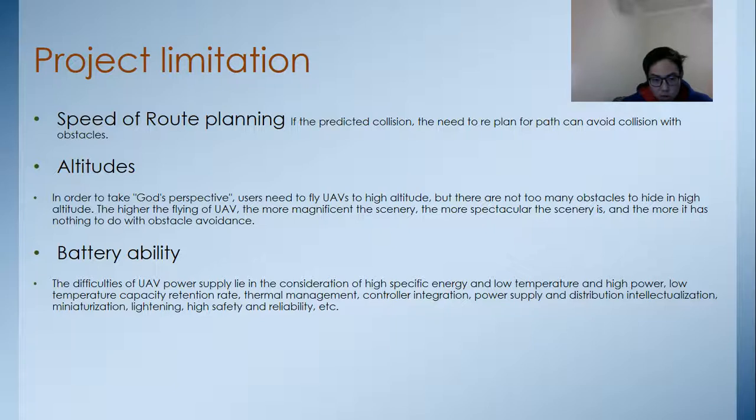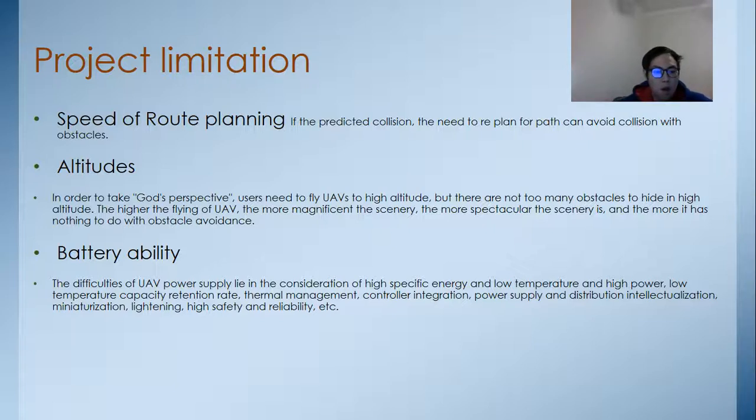So the LiDAR will rotate 360 degrees, and when the LiDAR finds that there are no obstacles in one direction, that means this is a route that the quadcopter can go through. So the speed of our route planning is very low. The LiDAR will detect the direction and then choose a better route for the quadcopter to go through.